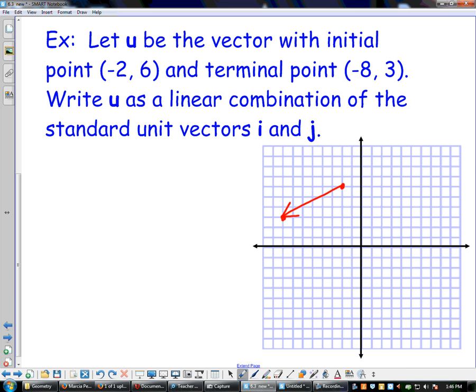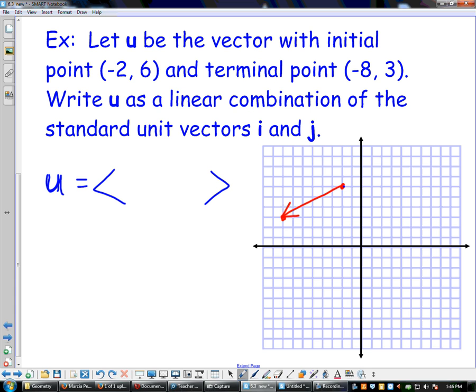And I'm asking you to write vector U as a linear combination of the standard unit vectors I and J. Let's put this in component form first. What's the component form of vector U? Do you remember how to do this?